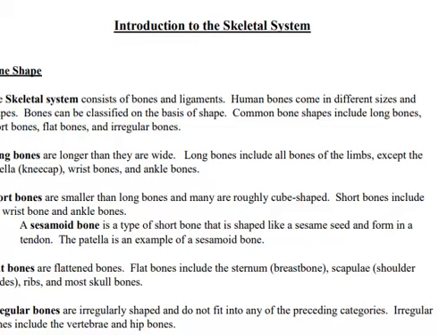Then you have your flat bones, and that would be your breastbone. If you look at your scapula, your shoulder blades, those are also flat. Your ribs are flat, and of course your skull is flat. Although it's curved, the bone itself is flat. Now, a lot of people put the hip bones in with the flat bones, but in this lab manual, we are putting the hip bones in with the irregular bones.